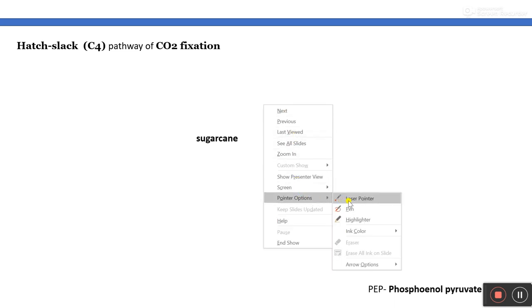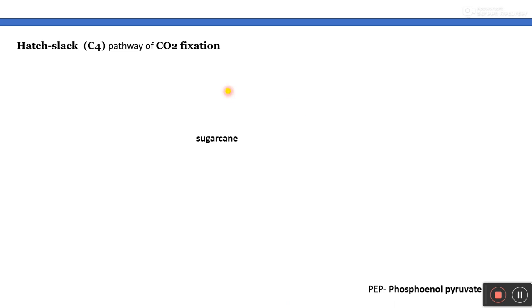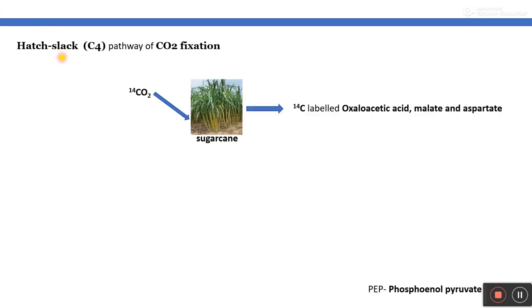This finding was confirmed, and further elaborated by Hatch and Slack in the year 1970, who observed heavy labeling of oxaloacetic acid, malic acid and aspartic acid when sugarcane leaves were exposed to carbon 14 labeled carbon dioxide for 1 second.